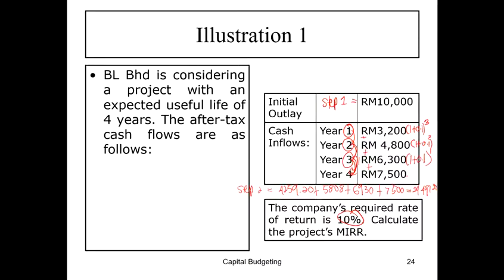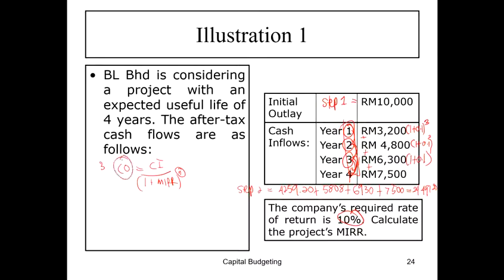So to calculate the MIRR, the formula for step 3 is cash outflow equal to cash inflow divided with 1 plus MIRR to the power of n. N here is referring to the years, which here we have 4 years, so n will be 4.